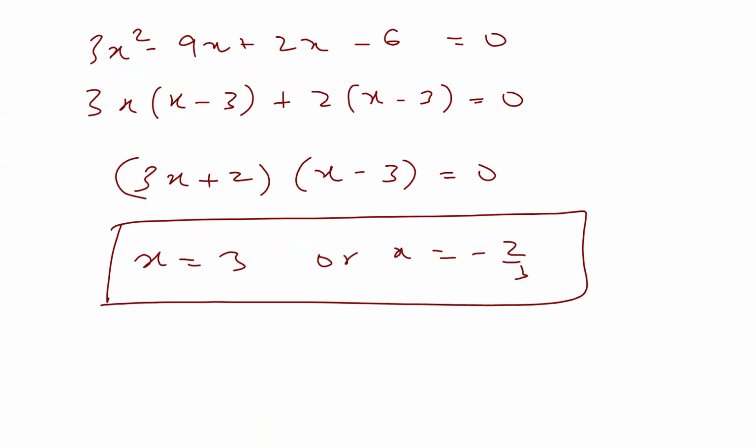Now what we'll do is we'll put these values in the given statement and check whether LHS is equal to RHS, because randomly we cannot say these two are the right answers. Okay. So put x equal to 3 in the given statement.